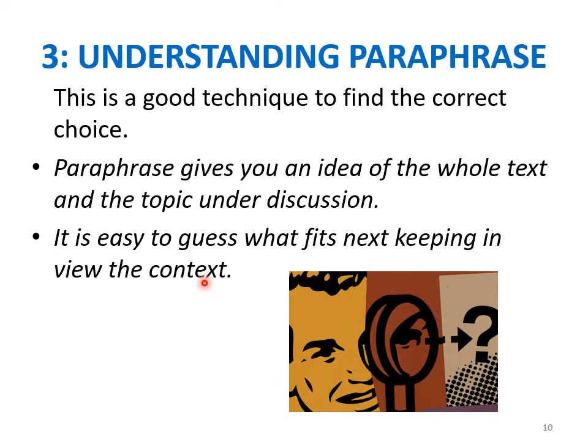So if you know the main topic or the theme of a passage, and obviously it would have some technical, difficult language, paraphrasing would summarize that or say it in nice, fluent language. So you should understand both of them. This will help you to find your answer.